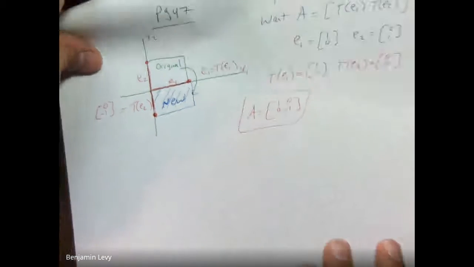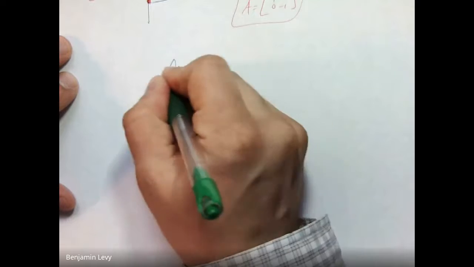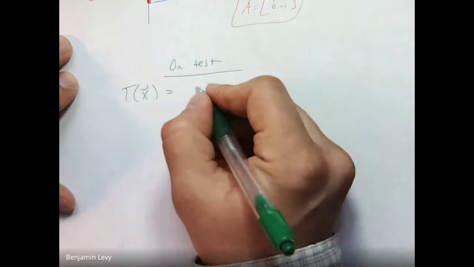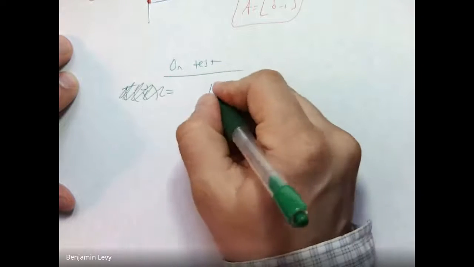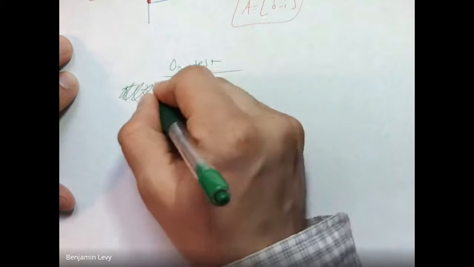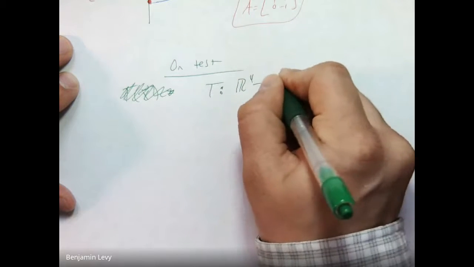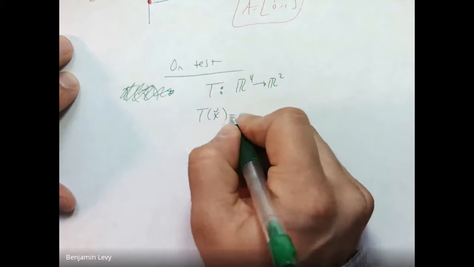Questions on a test often look like this instead, like T of X is defined by this. Let me start over. I'd say you have some transformation, like let's say it goes from R4 to R2, and then it's defined in this way.